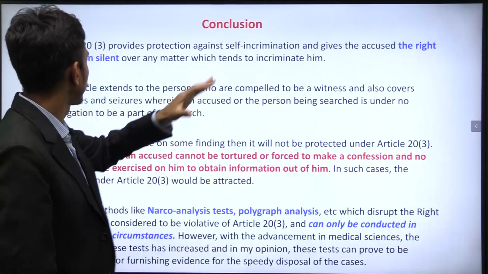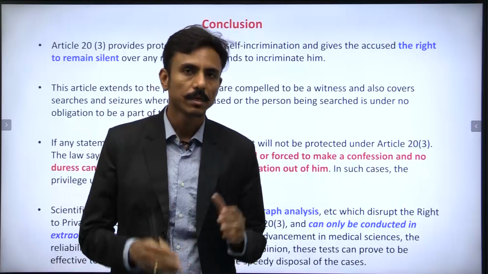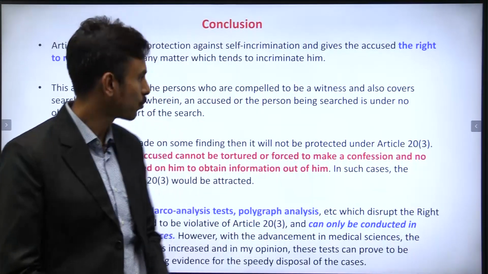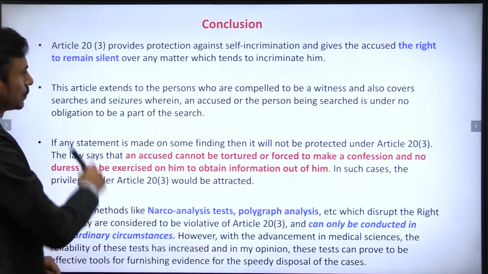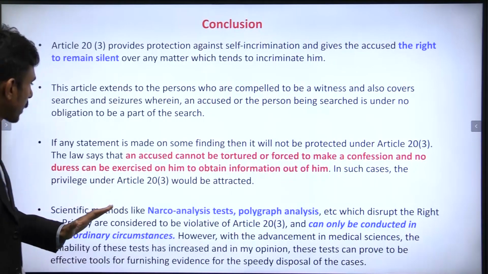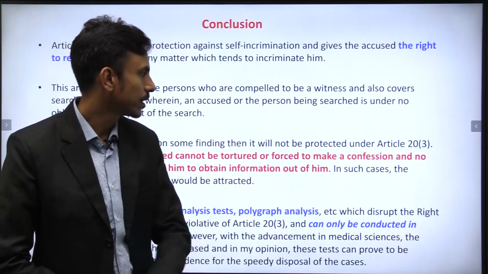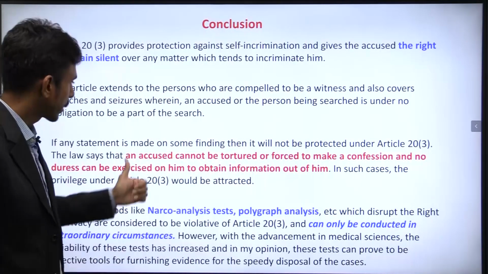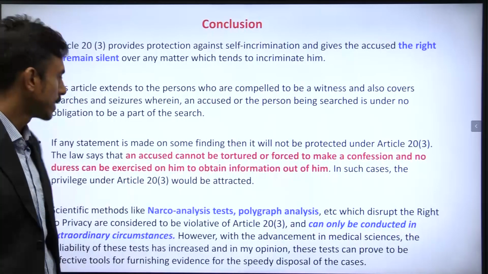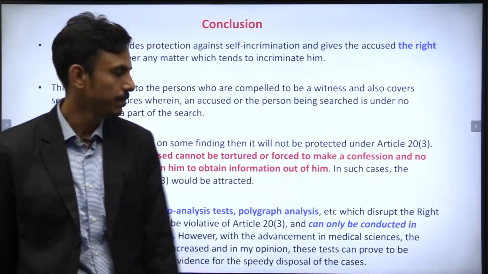But you have every right to remain silent, and therefore the opposition members are saying that this bill would violate Article 20 clause 3 because there is a provision for the use of force, right? At the same time, if any statement is made on some finding, then it will not be protected under 20 clause 3. An accused cannot be tortured or forced to make a confession, and no duress can be exercised on him to obtain information out of him, right?